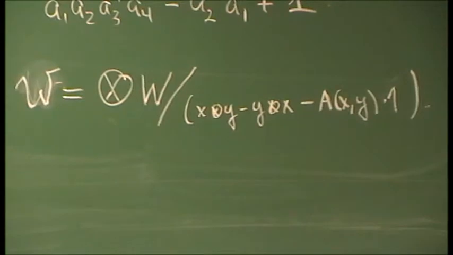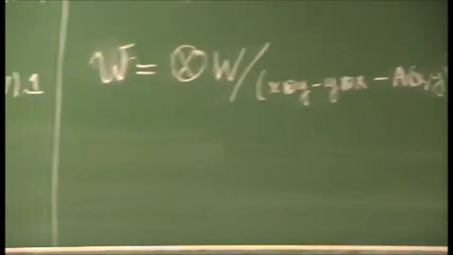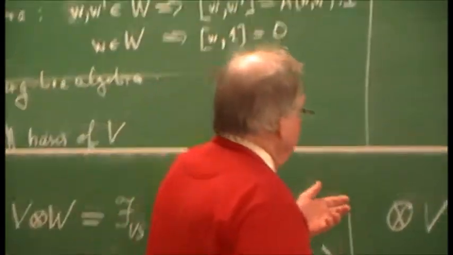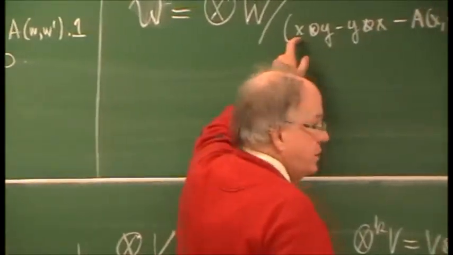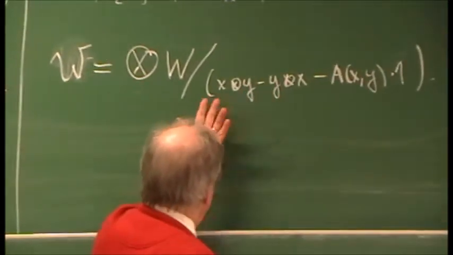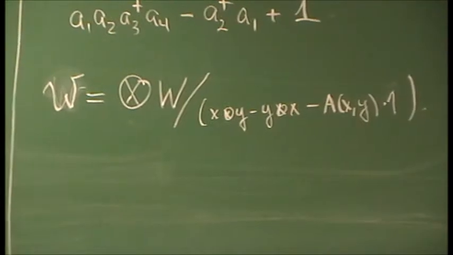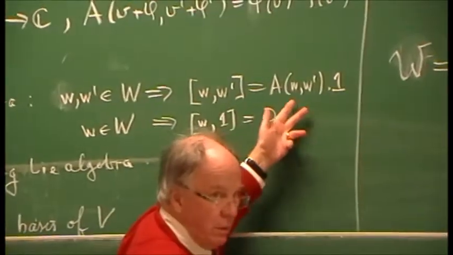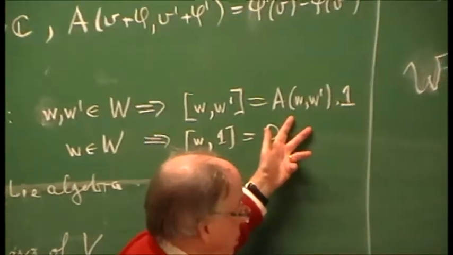So x and y are in W, and this is meant for homogeneous elements in W, and this is a relation. This should be the case, because that's what we've defined it to be here.